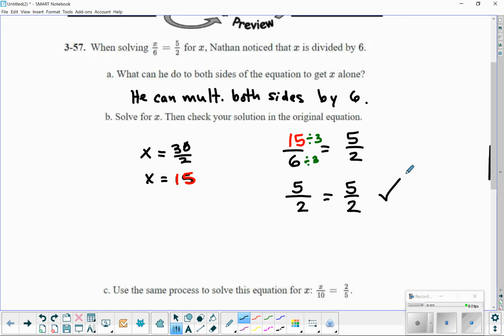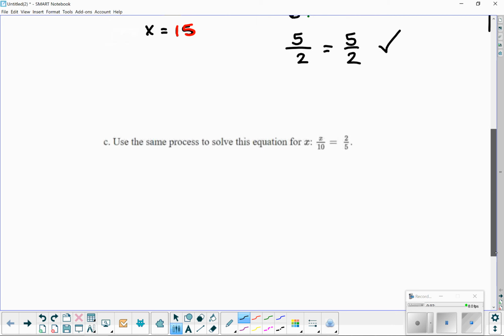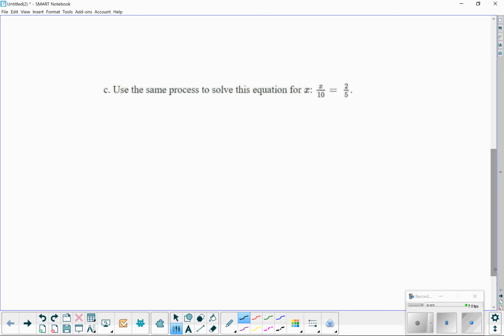So check, right? Use the same process to solve this equation for x, and we have, let me write it down bigger, x over 10 equals 2 over 5. So we're going to use the same process and go ahead and multiply both sides by 10.